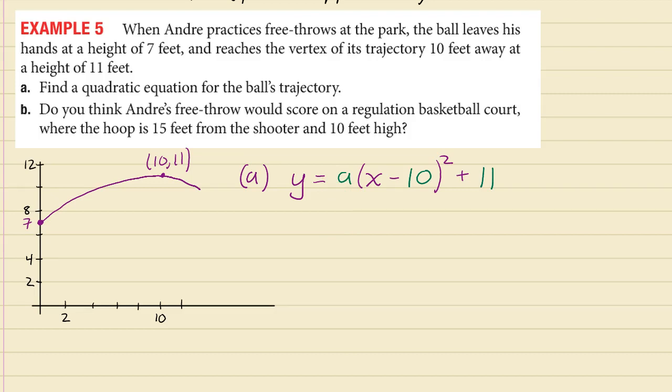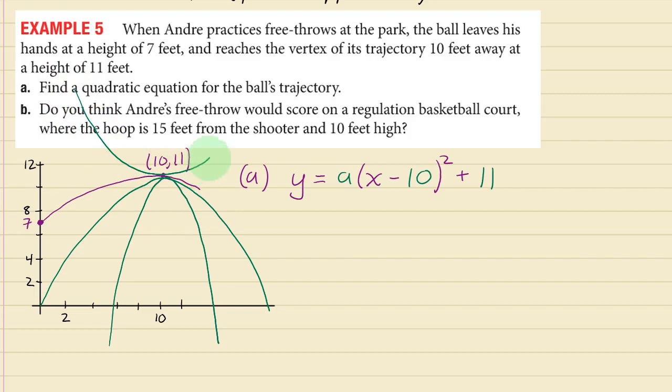Depending on what a is, you might get a parabola that looks like that, or you might get a parabola that looks like that. Those would all be if a is negative, or if a is a positive number, you'll end up with a parabola that opens upwards, something like that.